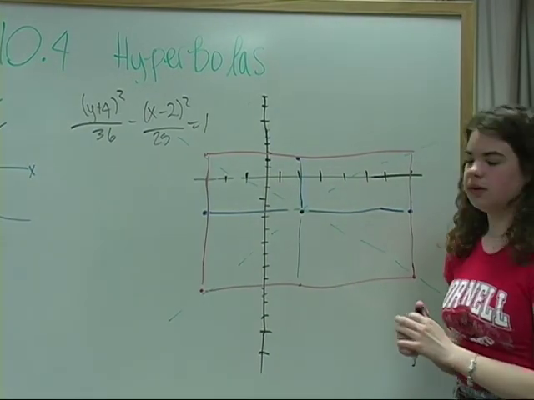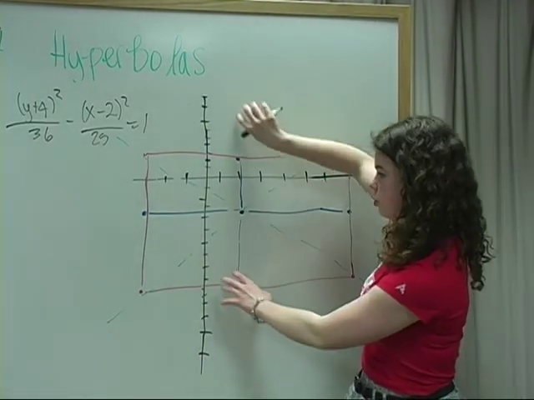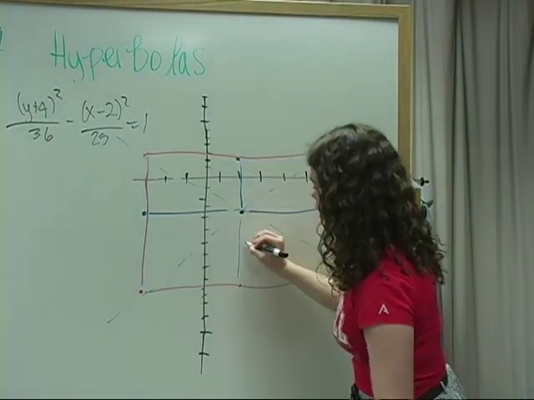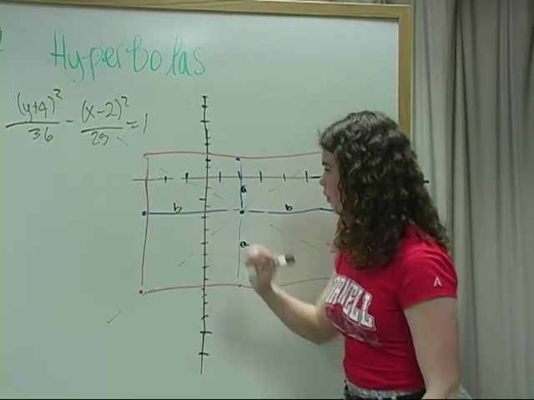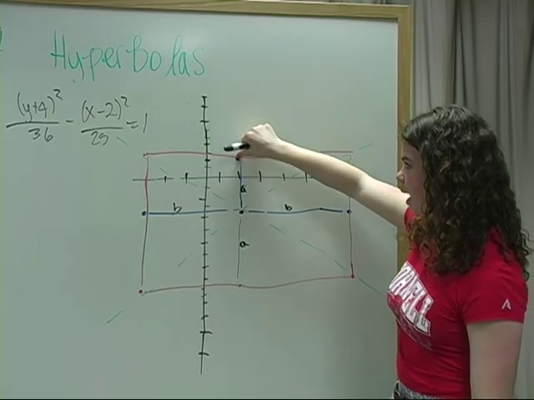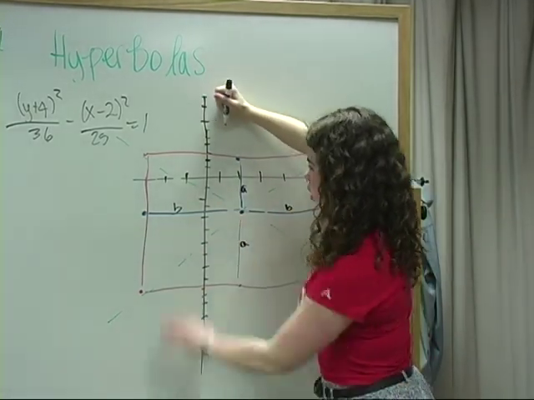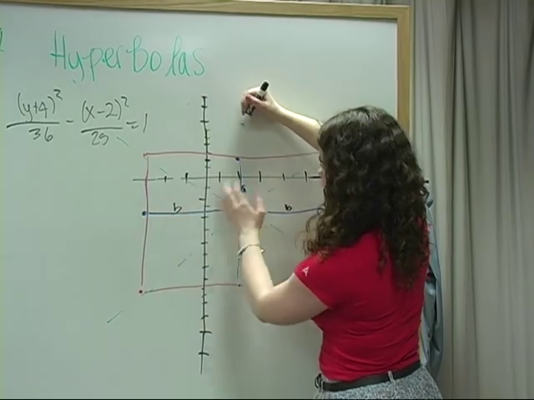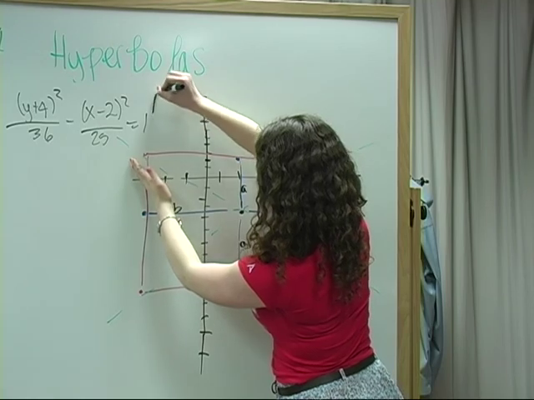So if it's a vertical graph, this is your transverse axis right here, this is A, and this is B, then you know your hyperbola is going to start where A ends and along your asymptotes. So if our asymptotes are wide like this, our graph is going to look like this.